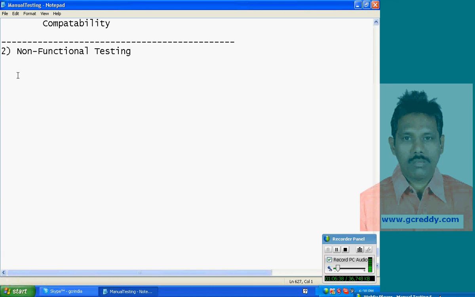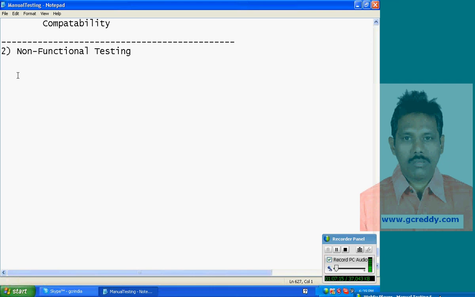See, functional testing is mandatory for every application, but non-functional testing is optional. Suppose system is providing correct output as per input and process, that is correct functionality.